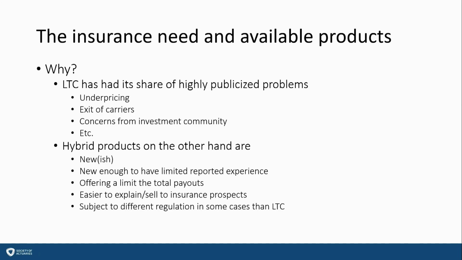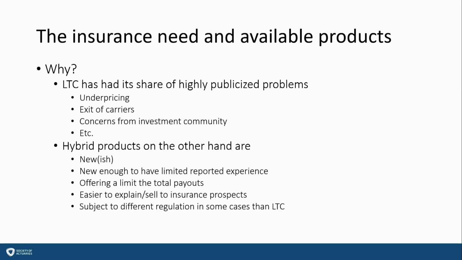The product is new. Not a lot of information is available in terms of the reported experience. And one of the key aspects that's attractive for insurance companies offering this is that the total payout is limited. If you're sharing benefits between your mortality benefit, between long-term care and death benefit, then there's a cap.